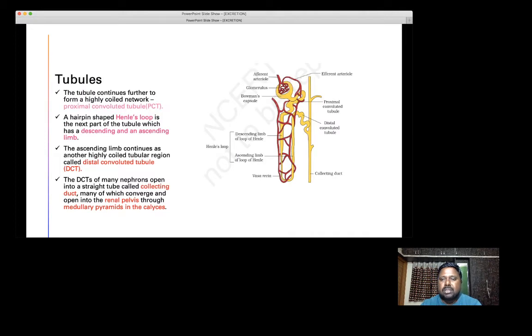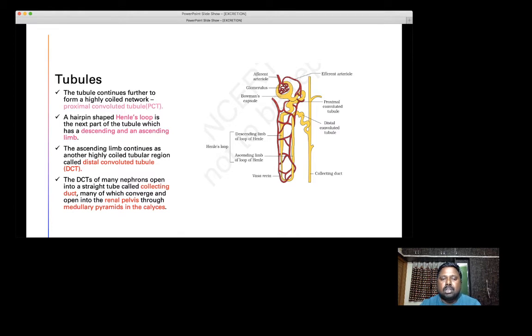After the glomerulus or Malpighian corpuscle, a coiled structure is present, called the proximal convoluted tubule, PCT. Then a hairpin-shaped structure is present, called the loop of Henle.